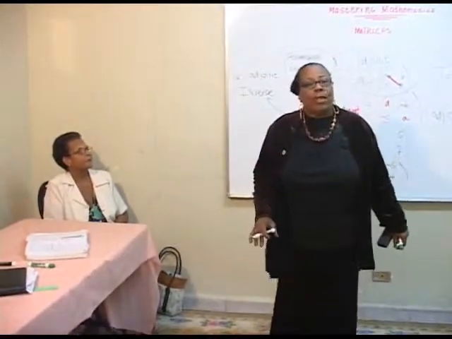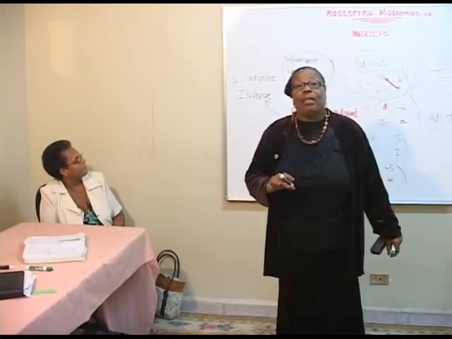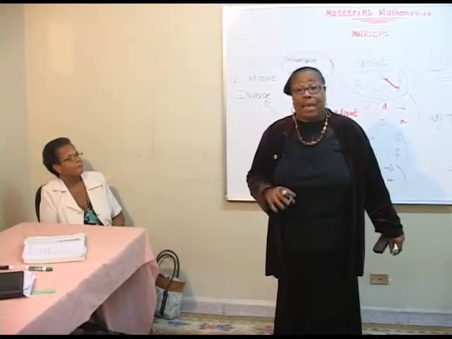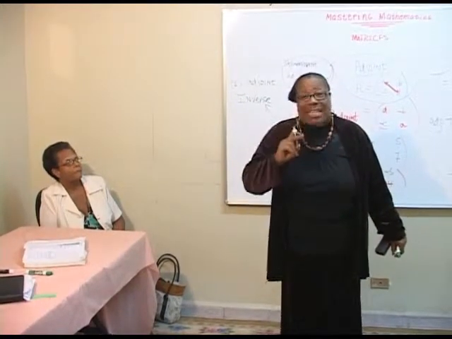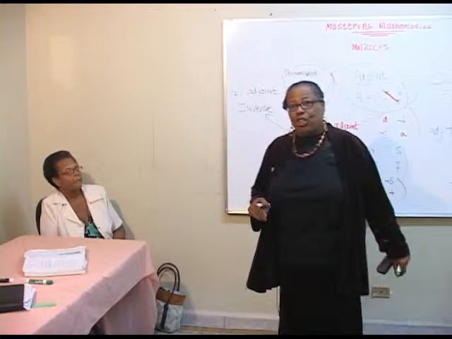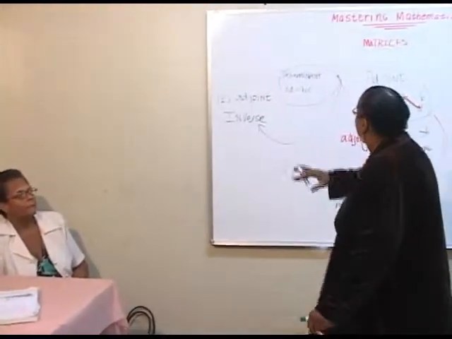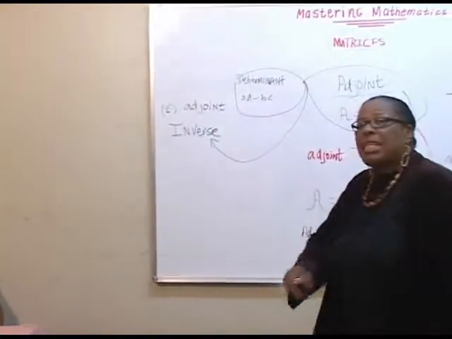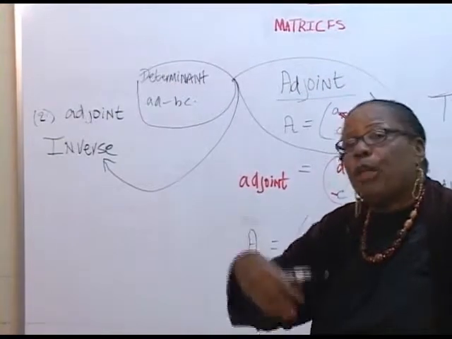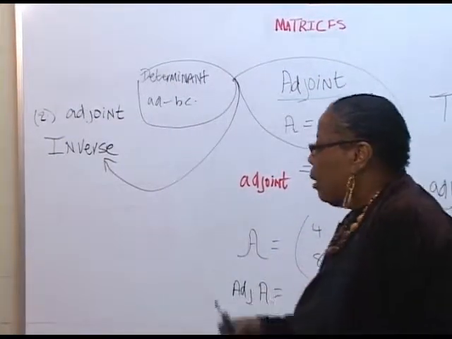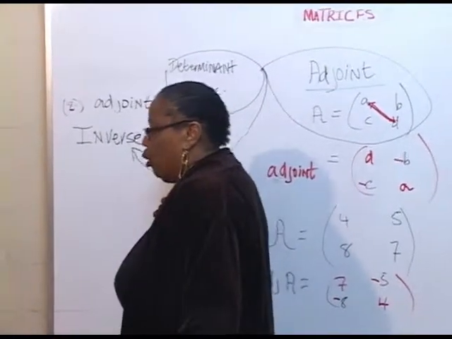We are going to show you how to find the inverse of a matrix, and 2 of the properties involved are the adjoint of the matrix and the determinant. Teachers, you see how we build up things gradually. And notice we don't have anything else in this lesson but these 3 things, because eventually we want them to show the connection between them. So what are we telling our teachers, Elizabeth, when they're in the classroom teaching?